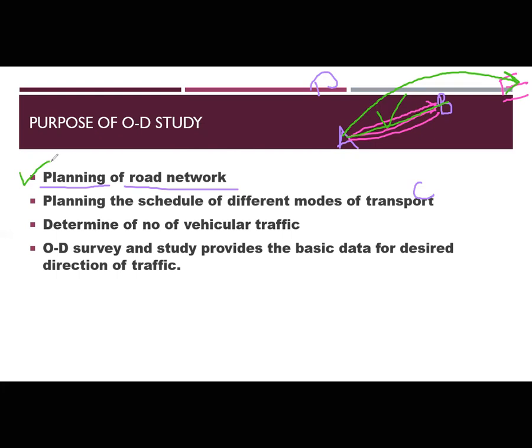Next is planning to schedule different modes of transportation. In some areas, like metro cities, only two-wheelers are allowed on one road, only four-wheelers on another, and one road is for heavy vehicles.